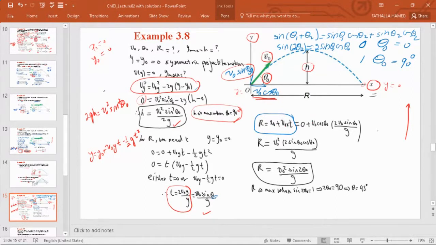The x0 is 0, and the v0x is v0 cosine theta 0, and your time is 2 v0 sine theta 0 over g. So your range, you have v0 and v0, it will be v0 squared times 2 sine theta cosine theta over g.